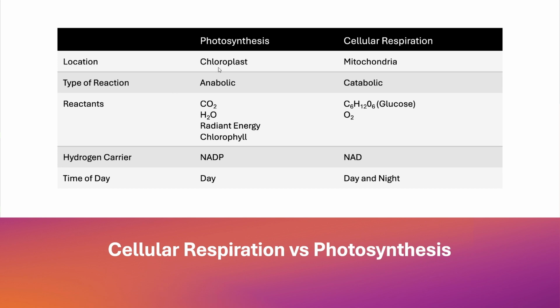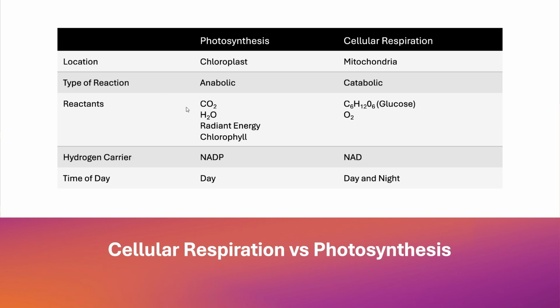The reactants for photosynthesis are carbon dioxide, H2O, water, radiant energy, and chlorophyll. So these are requirements basically. And in cellular respiration we have C6H12O6, which is glucose, and oxygen.